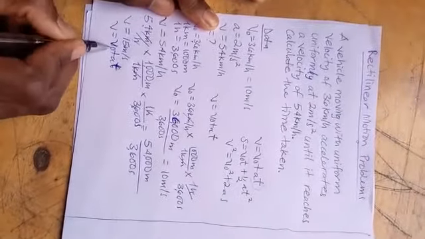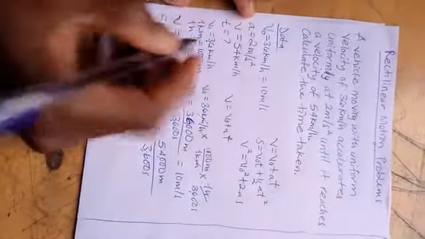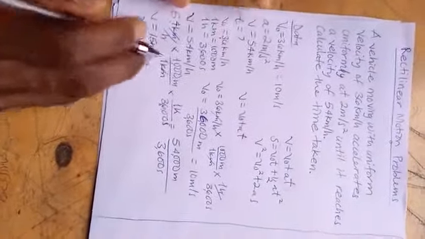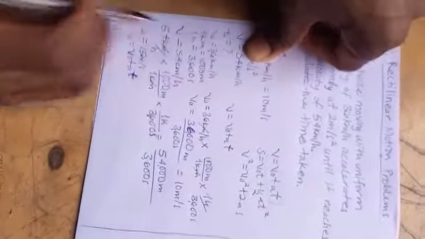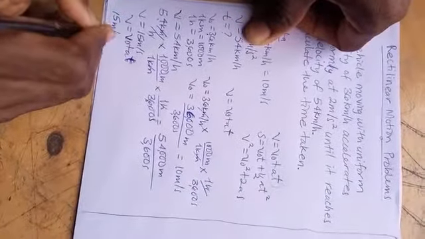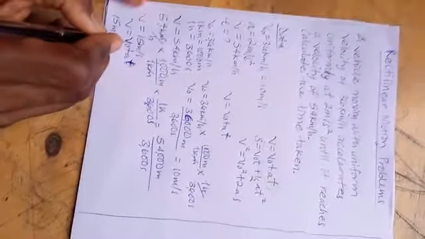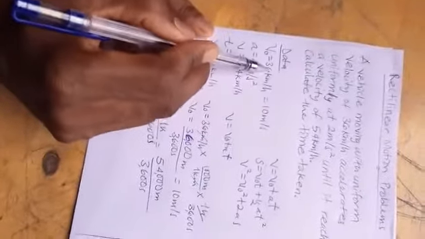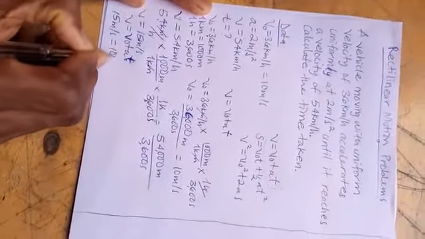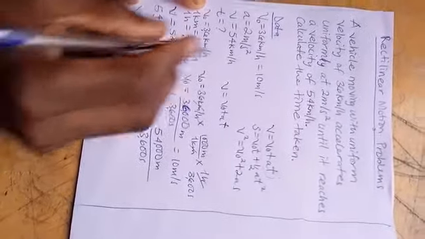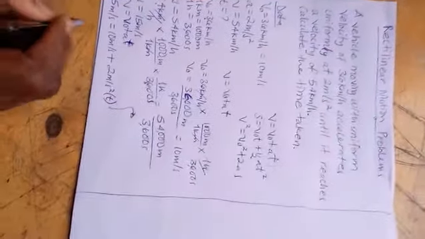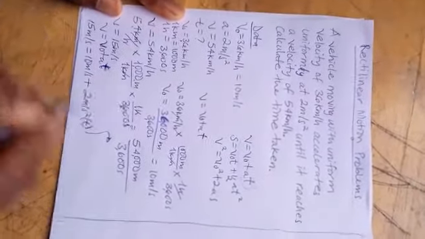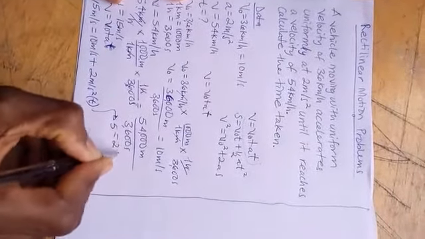We have the v value, the v naught value, and the a value, so let's replace them. v is 15 meters per second, which represents the 54 kilometers per hour. 15 meters per second is equal to v naught, 10 meters per second, which represents 36 kilometers per hour, plus a, which is 2 meters per second square, times t. So 15 minus 10 gives us 5 is equal to 2t.